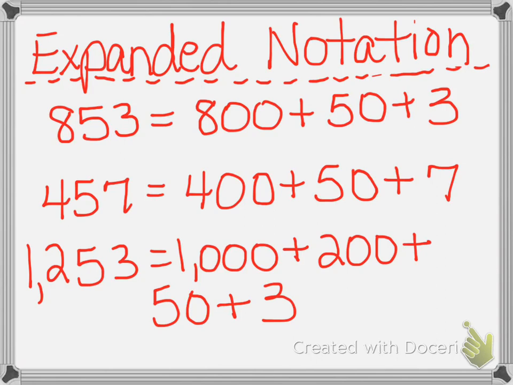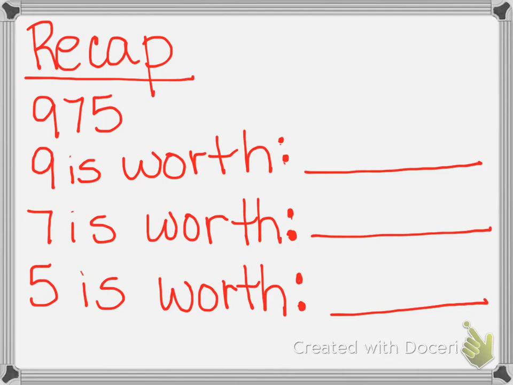We have 1,253, and the 1 is worth 1,000, the 2 is worth 200, the 5 is worth 50, and the 3 is worth 3. So again, my equation would be 1,000 plus 200 plus 50 plus 3. So that, boys and girls, is expanded notation.